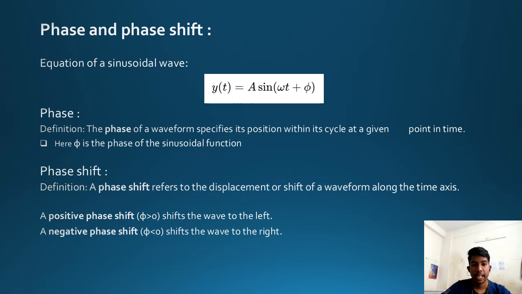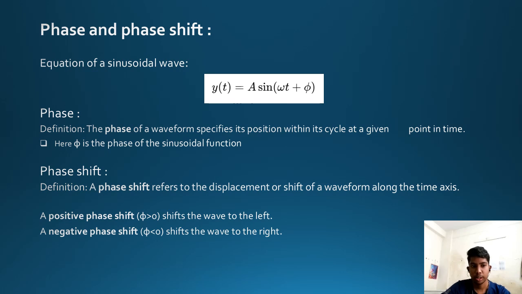Now, coming to the phase and phase shift of a sinusoidal waveform. If we consider the sinusoidal waveform equation as y of t is equal to A sine of omega t plus phi, the phase and phase shift describe the position of a sinusoidal waveform at a specific point in time, particularly in relation to another wave or a reference point.